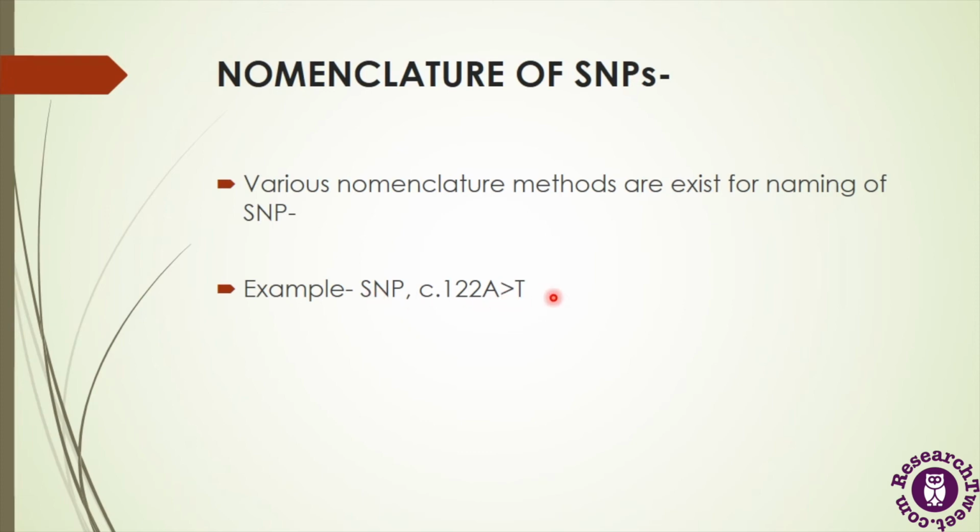This naming indicates that in a particular gene, codon 122 is altered, and at this position adenine is replaced by thymine. There are many other methods also for naming SNPs.